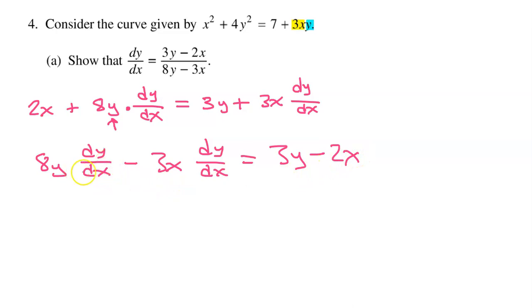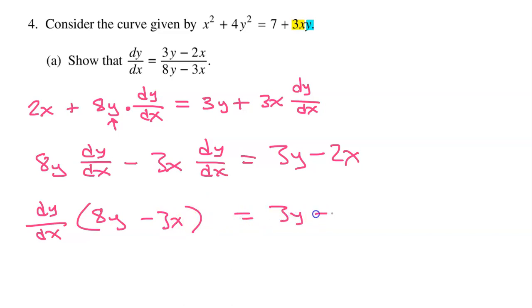The point of having all the dy/dx terms on one side of the equation is so you can factor it out as a GCF. So I'm going to bring dy/dx out front of parentheses, and that will leave 8y minus 3x on the inside, so equals 3y minus 2x.